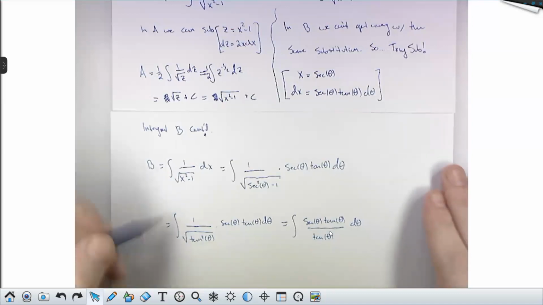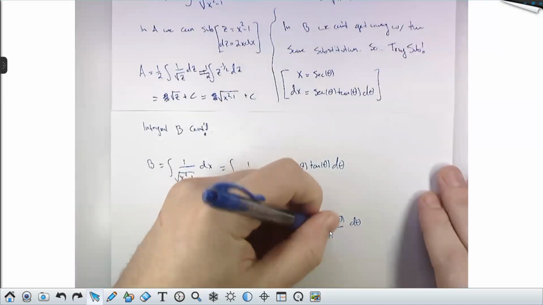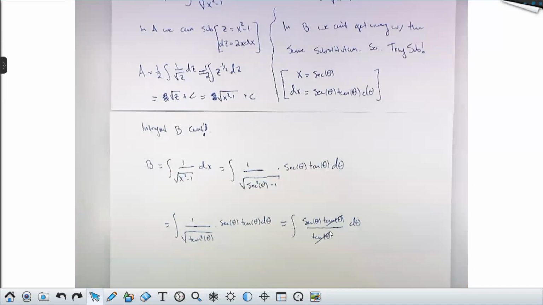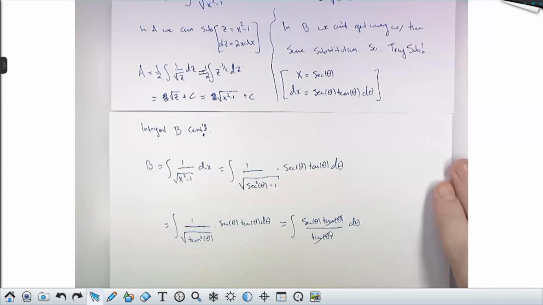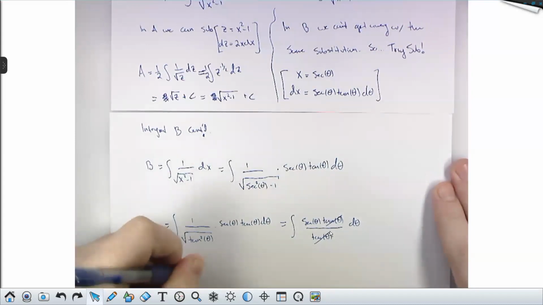Every time I give you a definite integral like these, I promise it will be such that the square roots and the square of the trig function can cancel. And then the tangent from the differential and the tangent from the denominator eat each other up, and we end up with the integral of secant theta d theta.